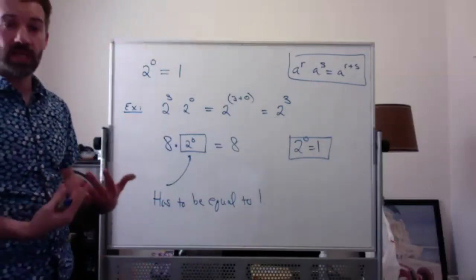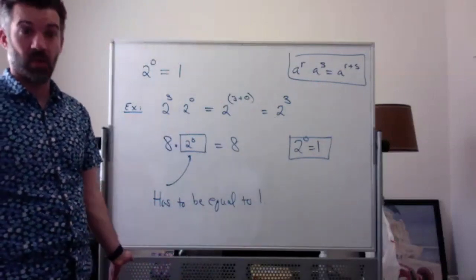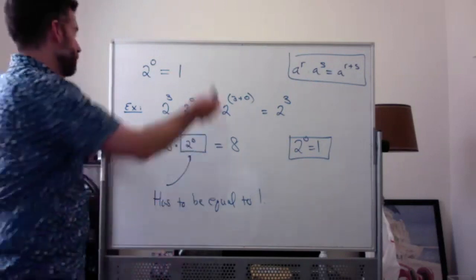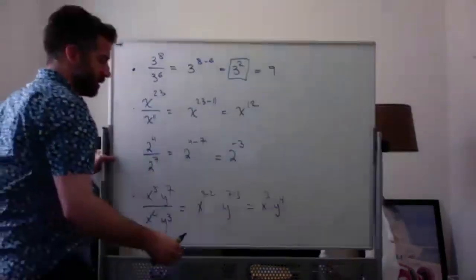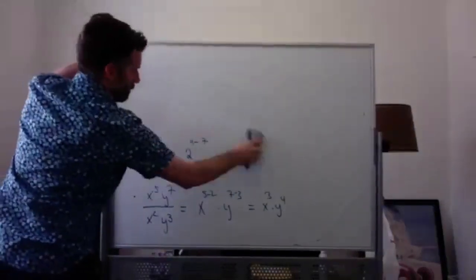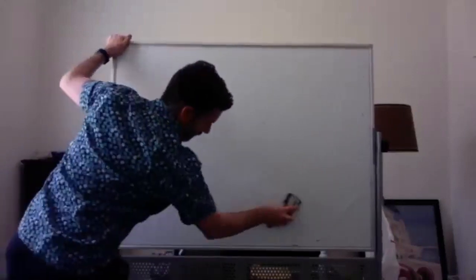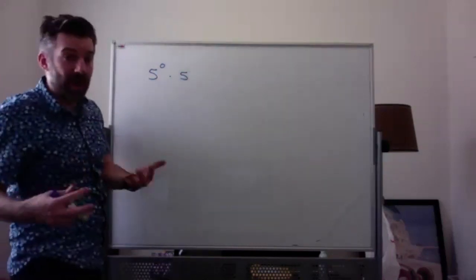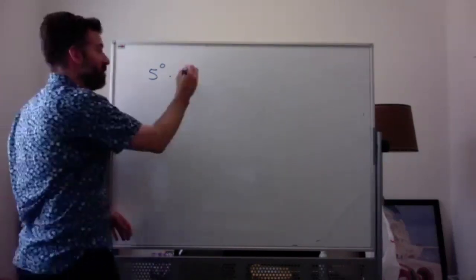And this reasoning works for any non-zero base, right? It's also true if I said 5. I know it's going to feel silly, but I'm going to repeat the same argument. I'm going to do it faster this time. So if I want to talk about 5 to the 0, well, 5 to the 0 times 5, to pick any power you want, I'm going to pick 5 squared.